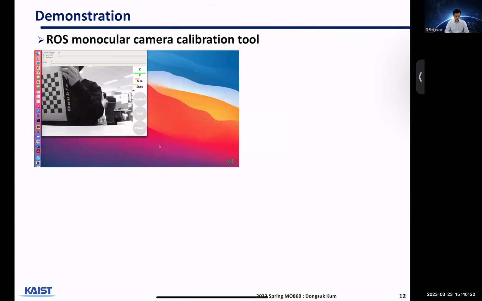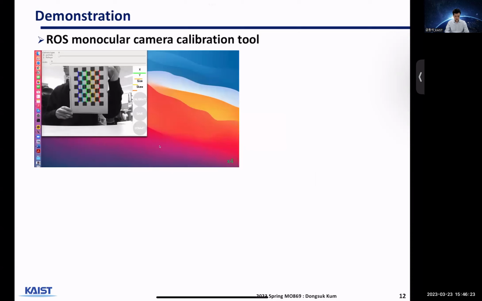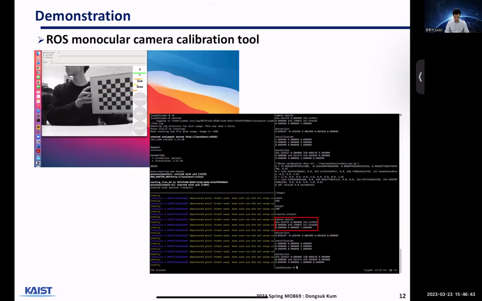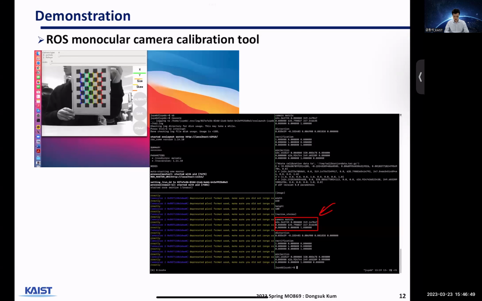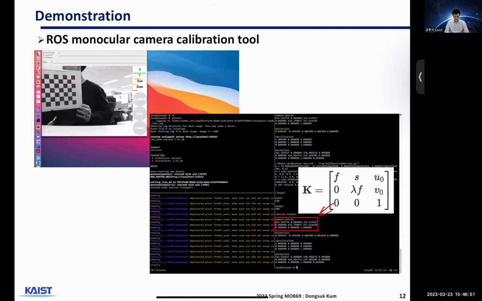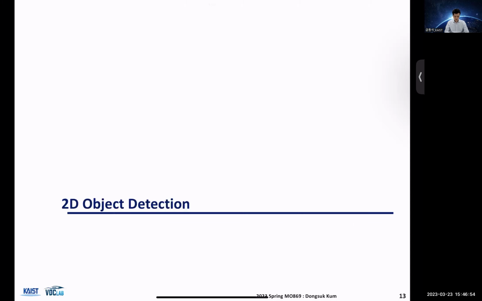This is a demonstration of the ROS monocular camera calibration tool, and by moving the checkerboard, you can see that these parameters can be estimated in real time. And you're looking at the camera intrinsic matrix.